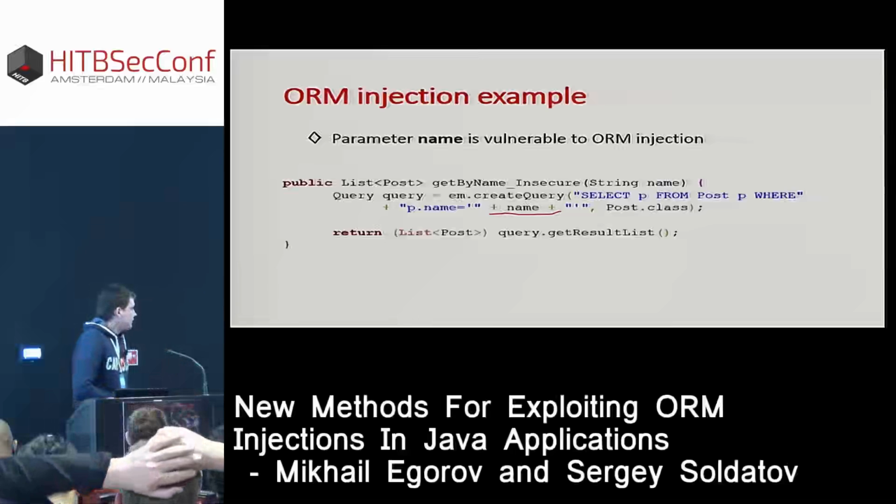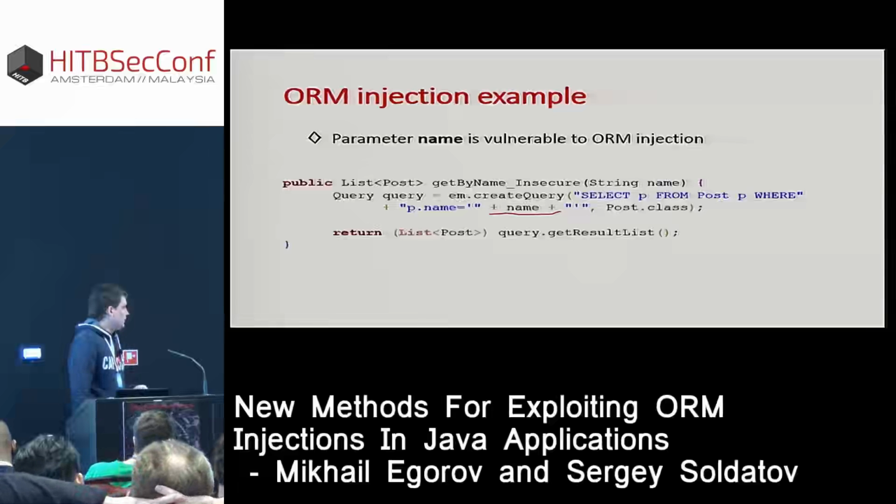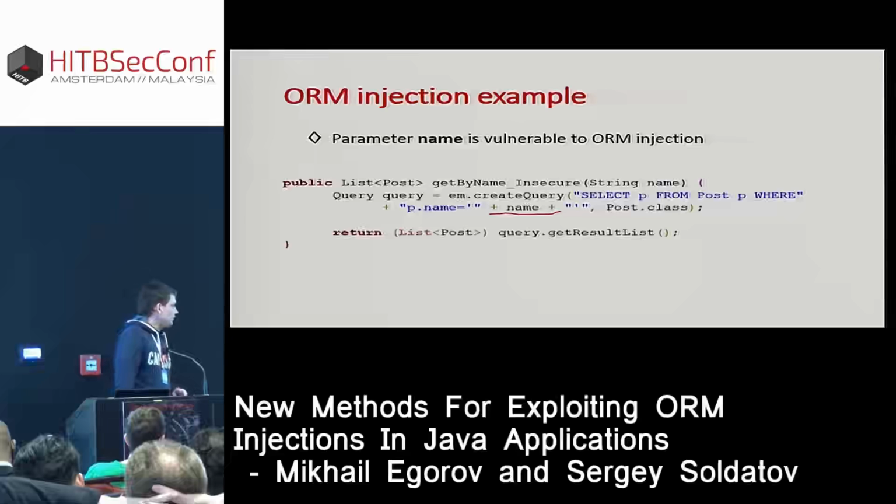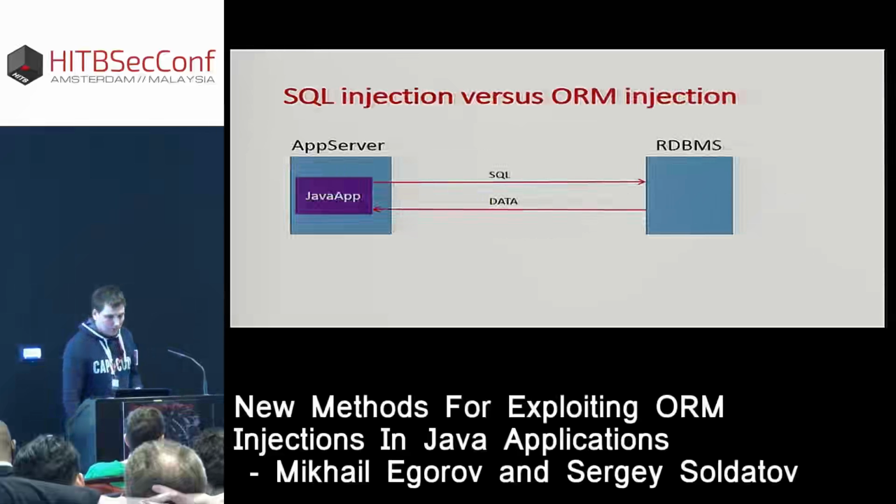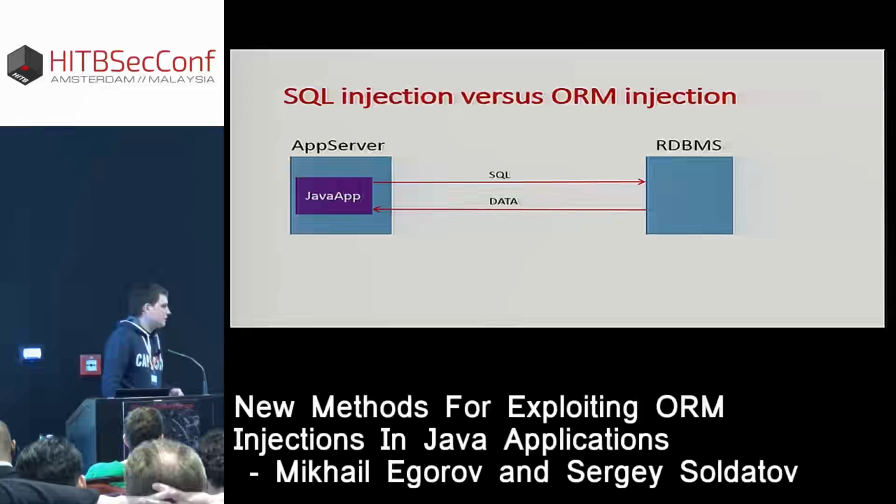Then this query is used to get data from the database and construct a list of Java objects of class Post. I want to emphasize that SQL injection and JPQL injection are similar in how they are introduced in the source code, but from an exploitation perspective they are completely different.